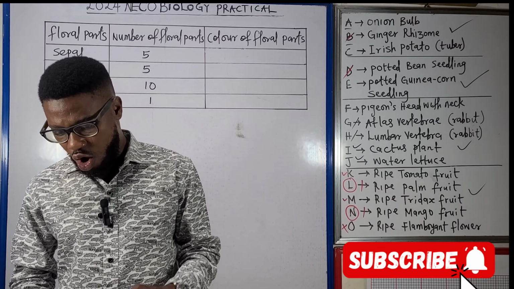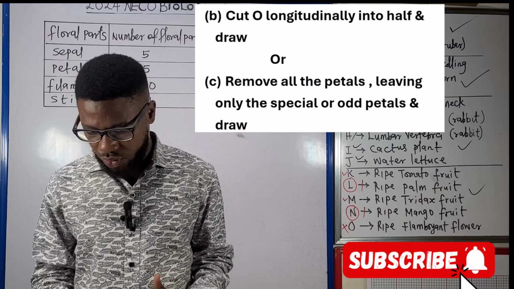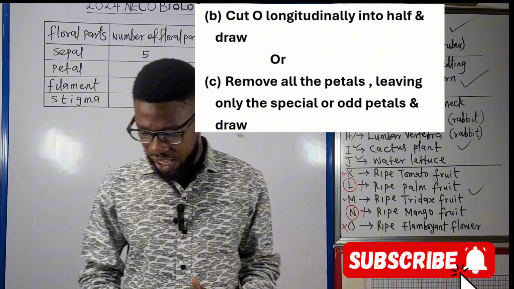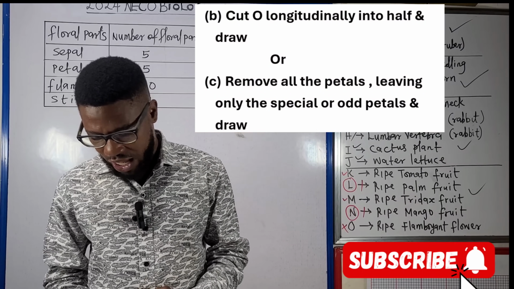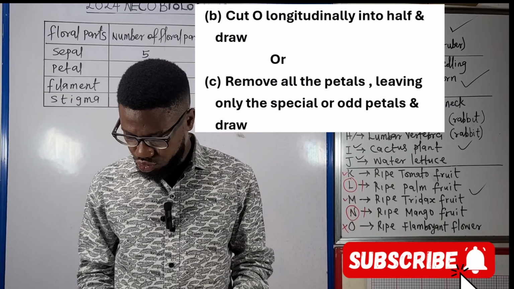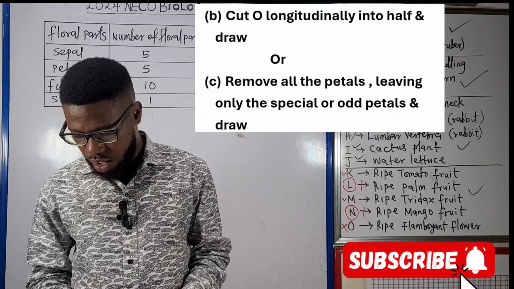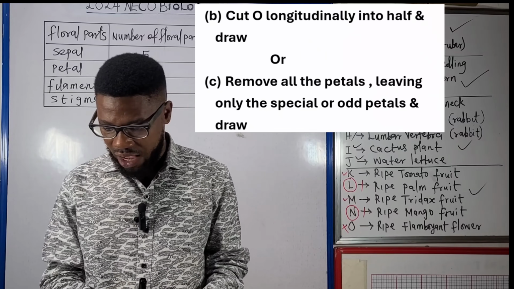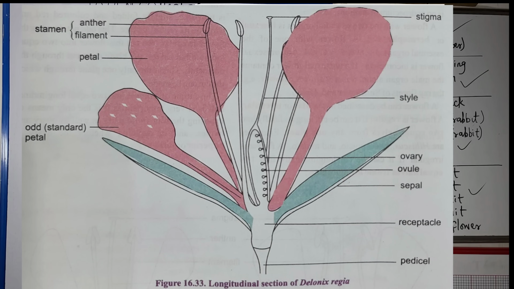That ends that. So what else can they ask us on this particular specimen? Can we be told to draw? Yes, we can be told to draw. Imagine when they tell us to cut into half. We should cut the flower into half and draw. So what are we going to be drawing?